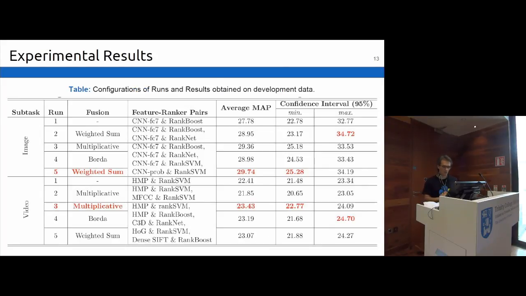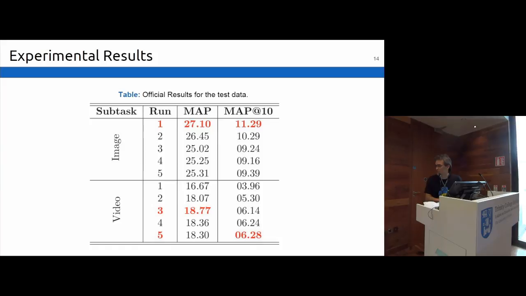Here are the results for the development set. For image, weighted sum got the best value for us on average MAP, and the multiplicative approach with all the rankers in the aggregation also got the biggest value. And here is the test set.